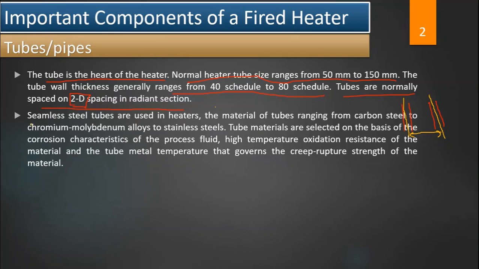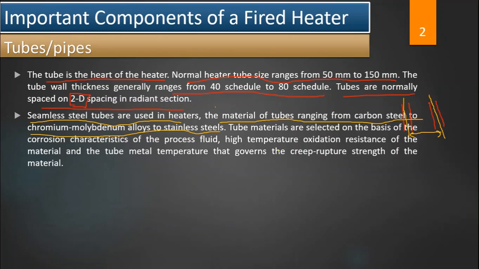Now, how are tubes connected? They are seamless steel tubes that are used in the heaters. No welding basically there. Materials of tubes range from carbon steel to chromium-molybdenum alloys to stainless steels, and these materials are selected on the basis of certain reasons.